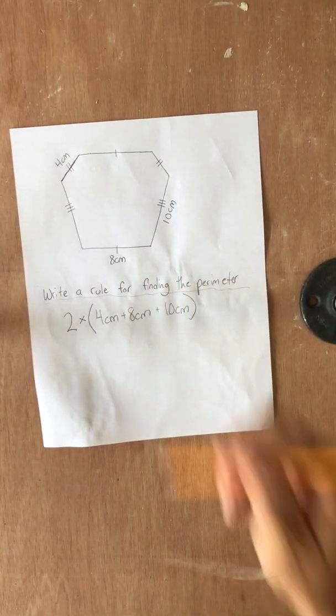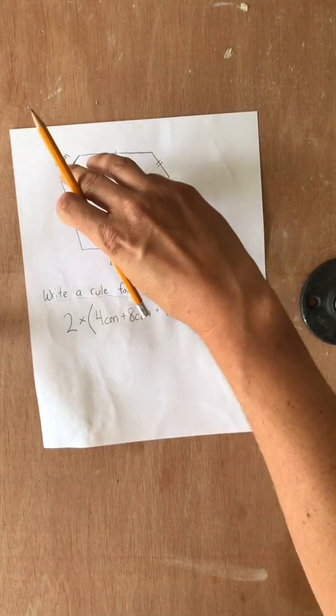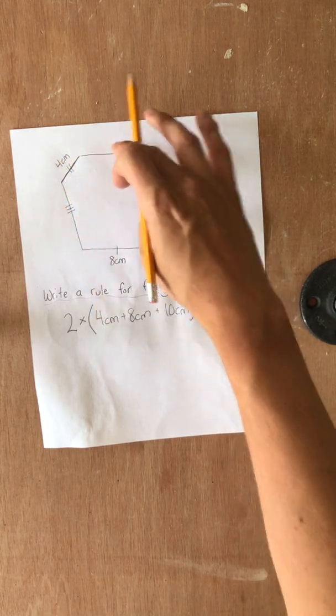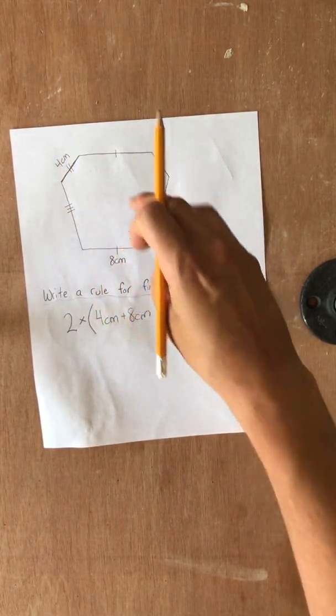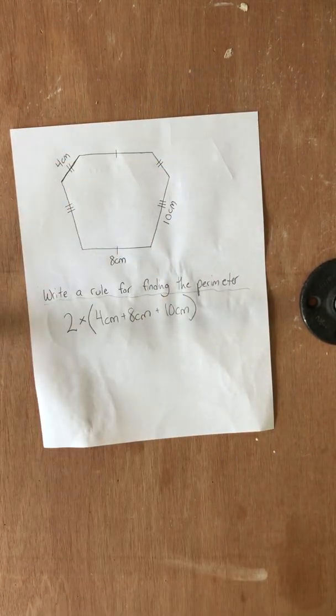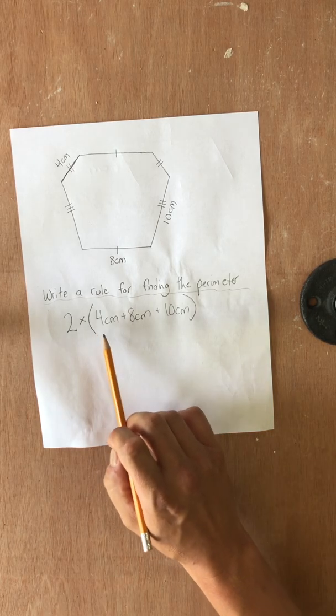Essentially you're adding 4 plus 8 plus 10 and finding what that is, and then recognizing that since there's 2 of them, 1, 2, 3, you're just multiplying it by 2 so that you have this section of 3 and this section of 3. That's your rule.